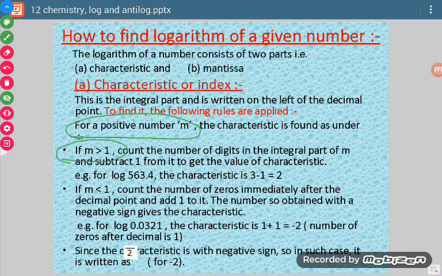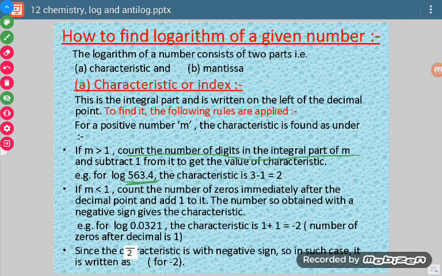Then we will say the given value is greater than 1. In such cases, count the number of digits in the integral part, that is, the part which is before the decimal. What is that part?